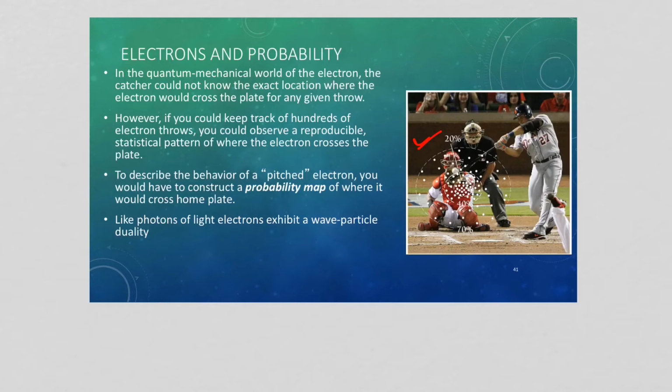Now, what that goes along with, and what we mentioned at the very beginning of this chapter, is that like the photons of light that we saw, like light waves, electrons exhibit this wave-particle duality. Right? So, when they're moving like this, they move as a wave moves, right? Now, of course, they do also have particle properties, right? They have mass.